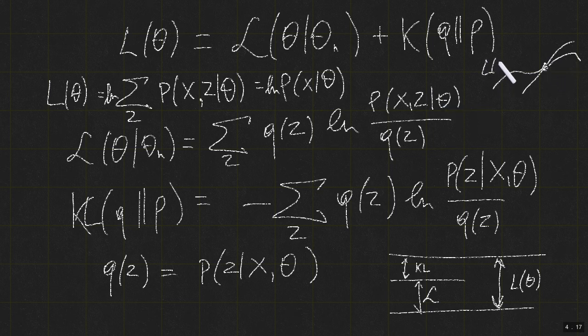This is log likelihood, and this is our lower bound. So then we maximize the log likelihood and get in here. Once we maximize the log likelihood, KL divergence also changes. It also increases. It can't be less than 0, but it increases because to maximize the log likelihood, we are changing the parameters of our Q distribution.